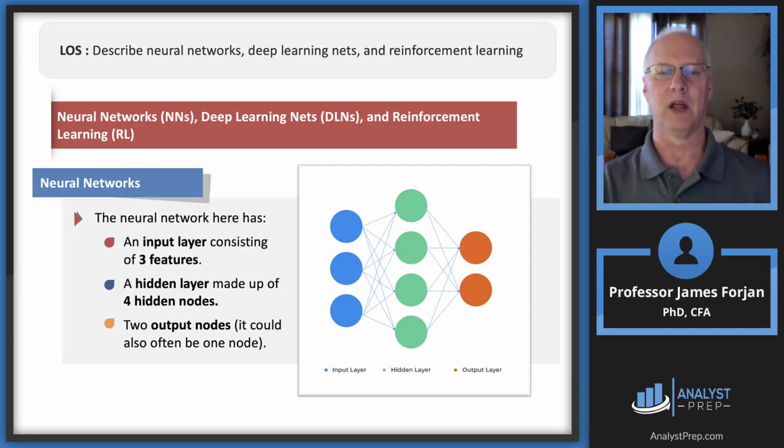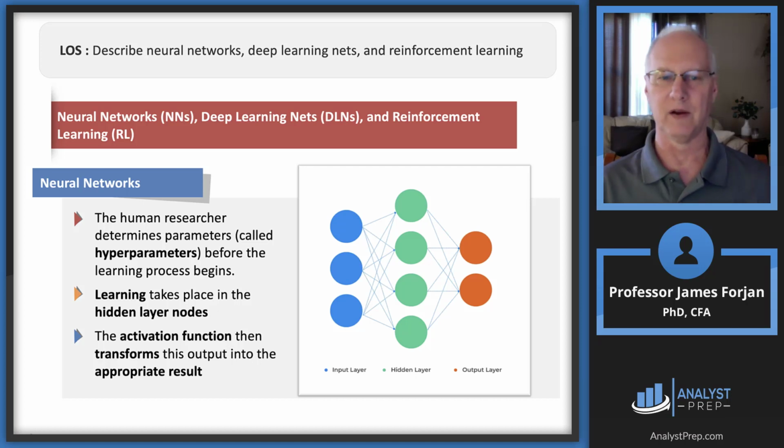All right, more terminology here. The input layer, in this case, consists of 3 features. The hidden layer consists of 4 nodes, and then the output layer consists of 2 output nodes. Now, a lot of times there could be just one output node, like, hey, yes, this is an overvalued stock, or it's not an overvalued stock.